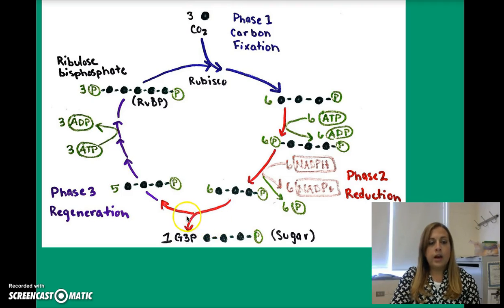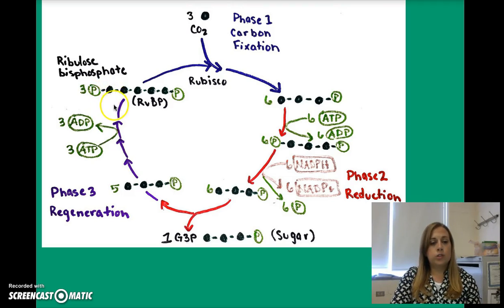All right, now we are going to move on to the regeneration phase. Now we've got 5 3-carbon molecules, so we're at our 15 carbons. We're going to add 3 ATP, and as we rearrange these carbons in these molecules, we are going to regenerate that ribulose bisphosphate.